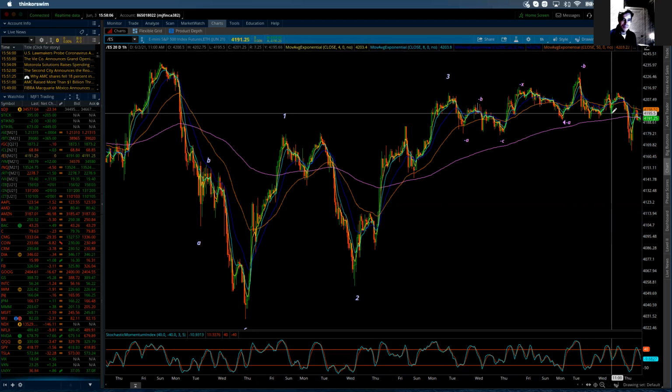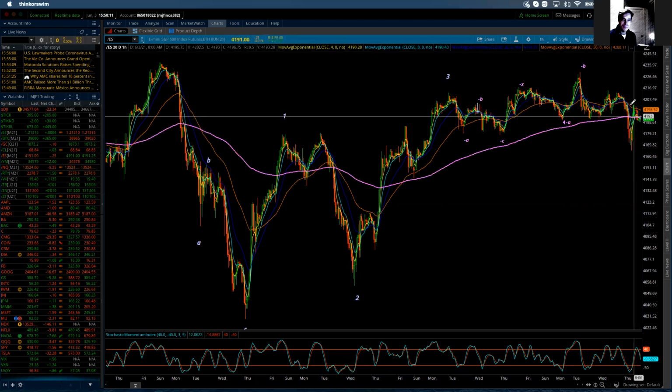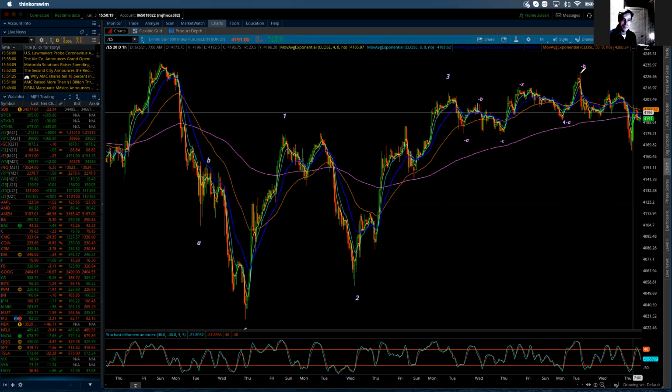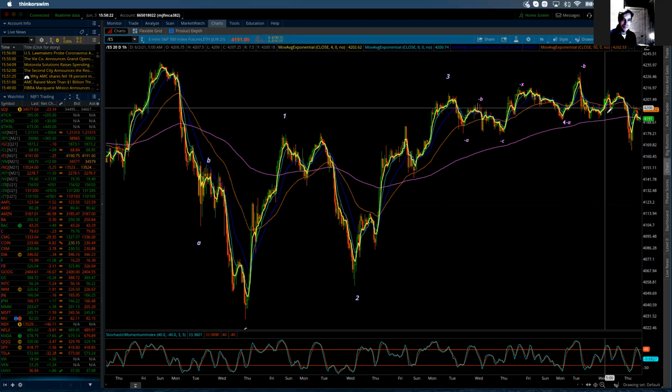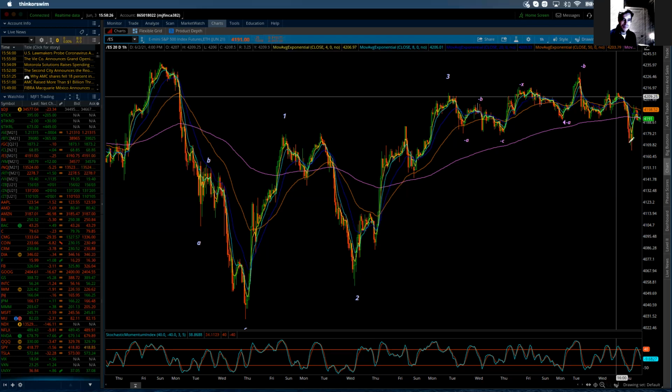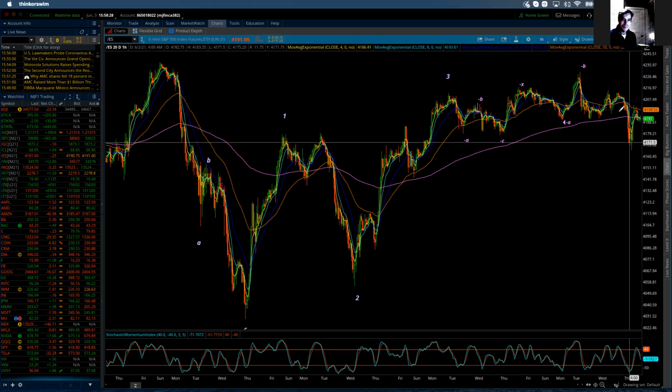But even that is not really fitting because of the rally that the S&P did off of this morning's low. No matter how I want to count it, even if I said that this completed the C wave, the next wave is 1 of C, 2 of C, 3 of C, and 4 cannot overlap 1.